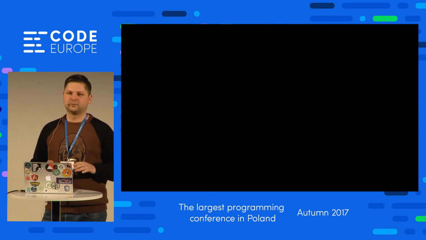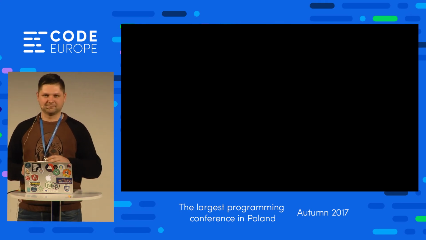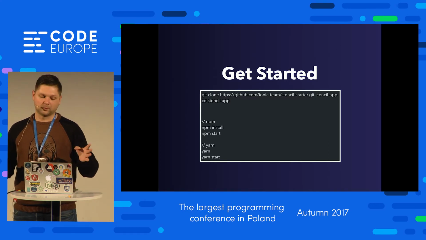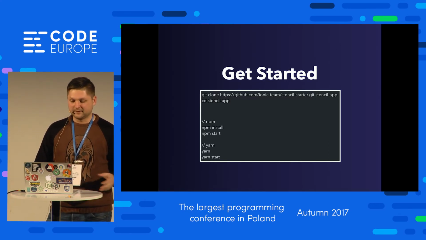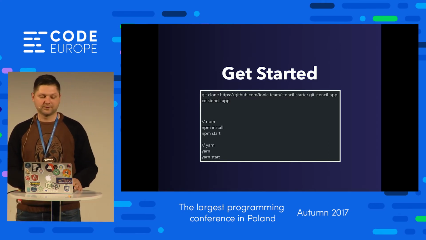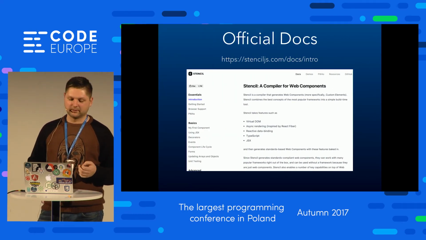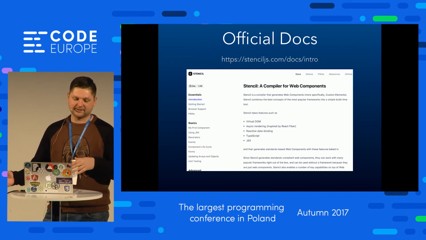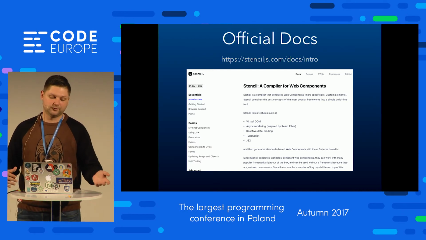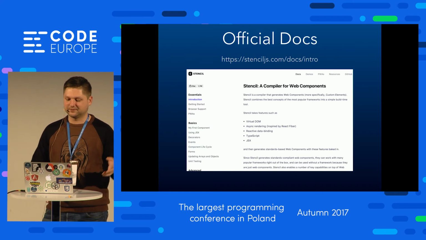It's pretty much boilerplate. It only includes an app component and a hello world dummy component. Then you need to clone this repository, go inside the directory you cloned, and run npm install and npm start if you're using npm, or yarn and yarn start.